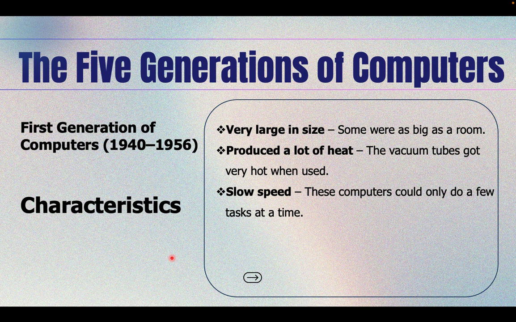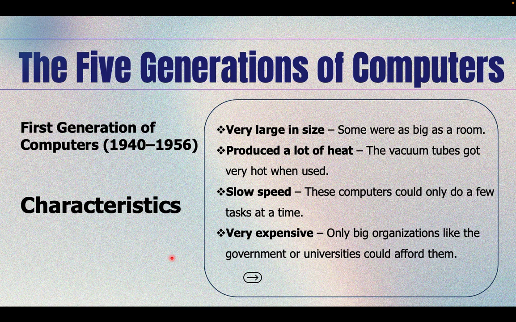So these computers can only do a few tasks at a time. And then they are very expensive because it's a novel development. Only bigger organizations, government institutions, and universities could afford to buy those devices at the time.